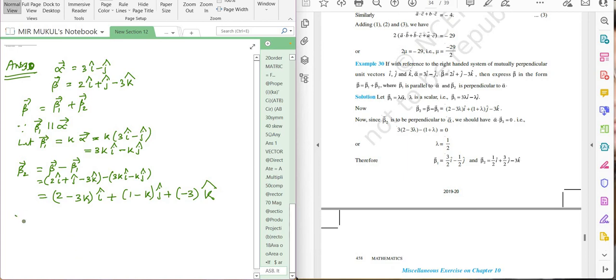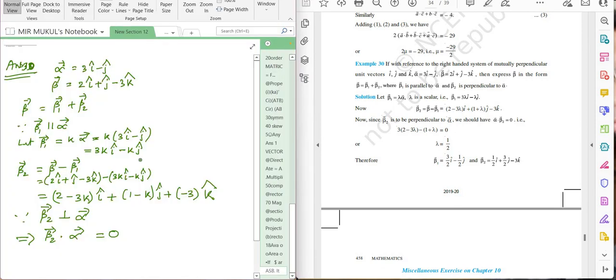Since beta 2 is perpendicular to alpha vector, it is given. So if perpendicular, their dot product will be 0. Beta 2 dot alpha vector will be 0.